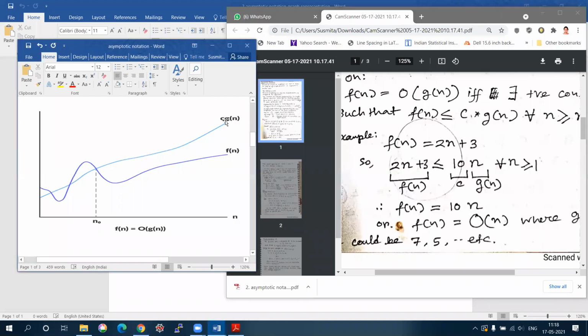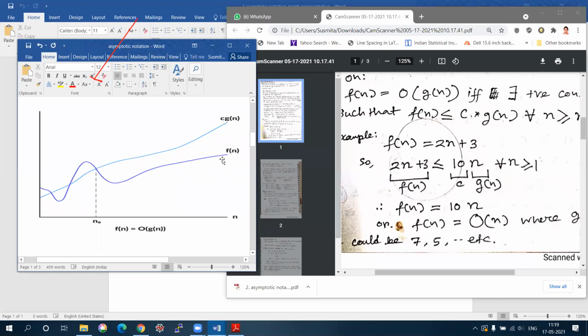So 10 into n is always greater than 2n plus 3. That means c g(n) is always dominating f(n).